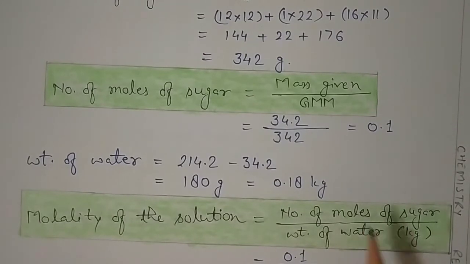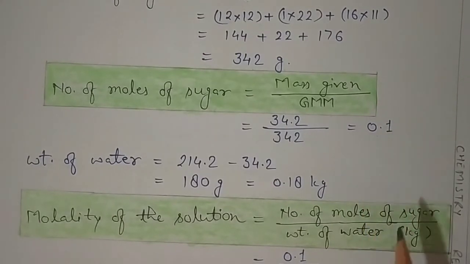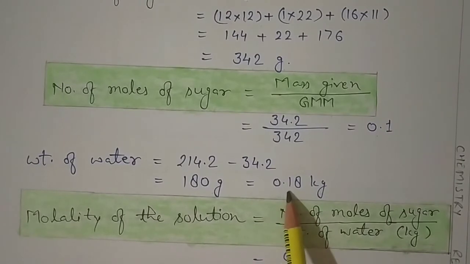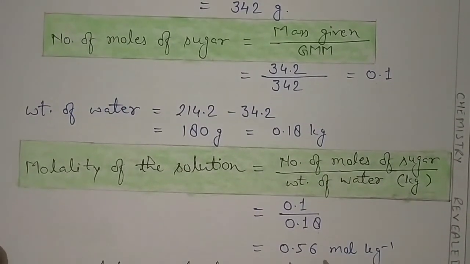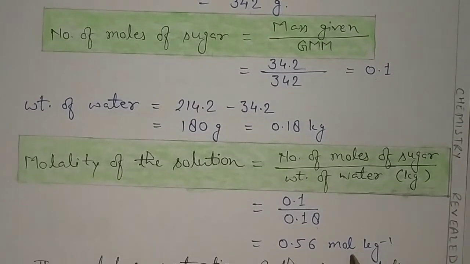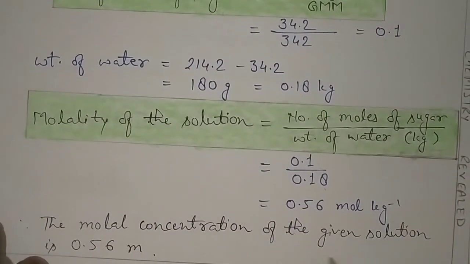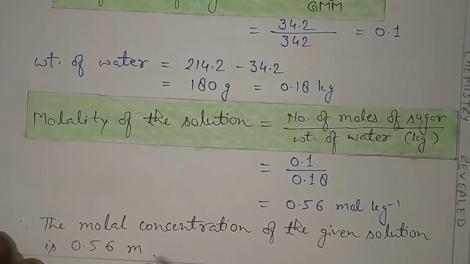The number of moles of sugar we calculated is 0.1 and the weight of water is 0.18 kilogram. When you put these values here, you get your answer as 0.56 mole per kilogram. So the molal concentration of the given solution is 0.56 m, that is molality.